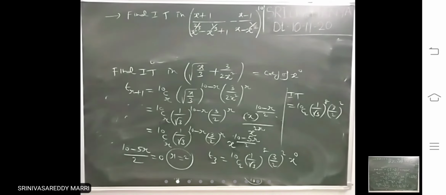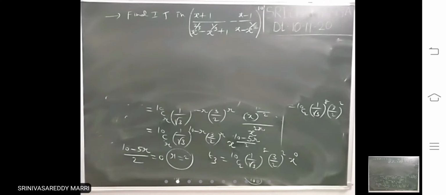Suppose this expansion is given like this. You have to find the independent term in this, that means the coefficient of x power 0.